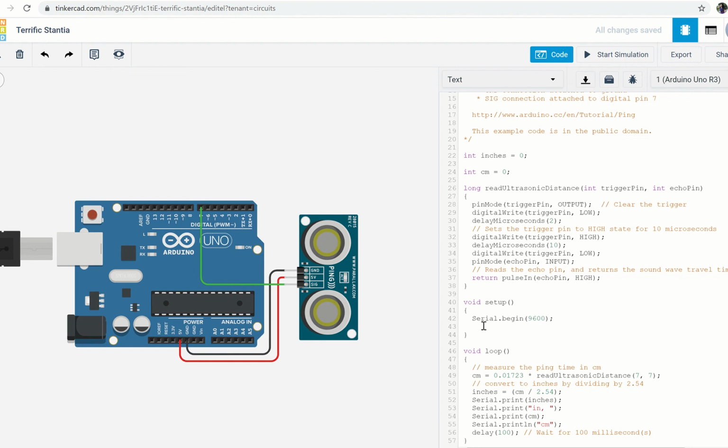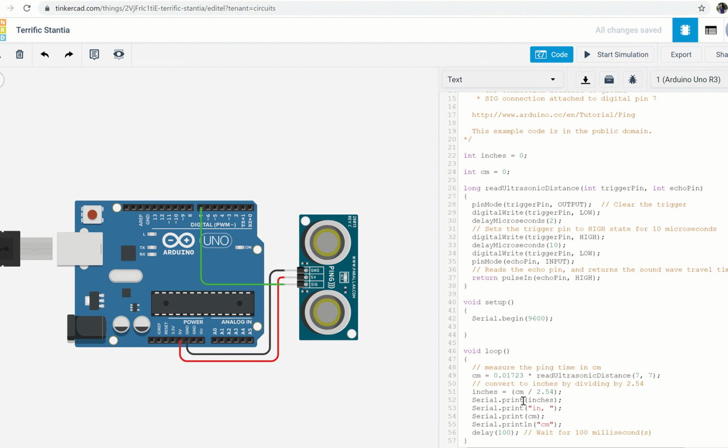They're using the serial monitor here. And inside the loop, they use this formula with read ultrasonic distance, which is the syntax to read the distance, and then here's the conversion to centimeters.